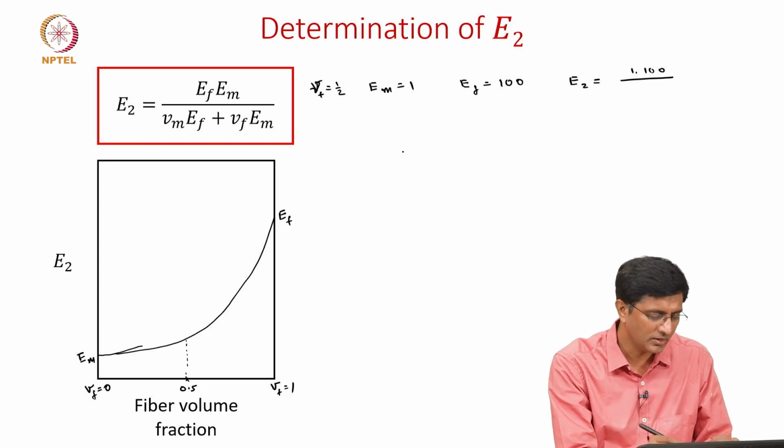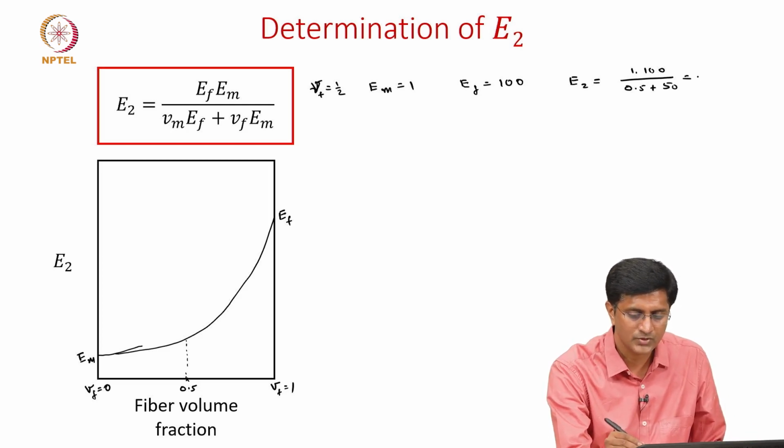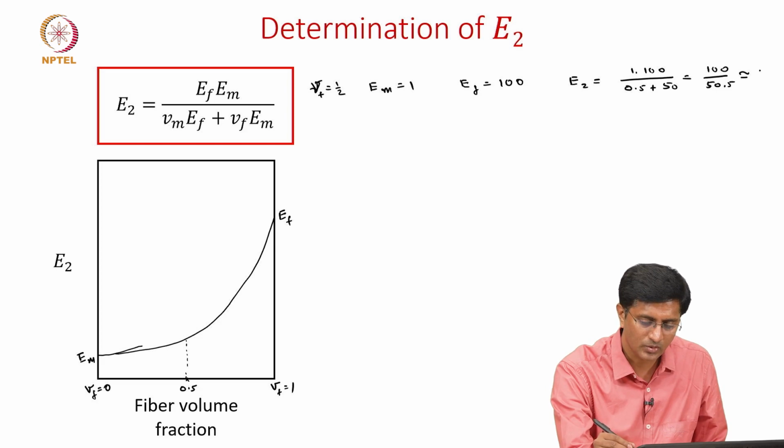So it is half of 1, so 0.5 plus half of 100 is 50. So it is around 100 by 50.5. I would approximate it to close to 2.